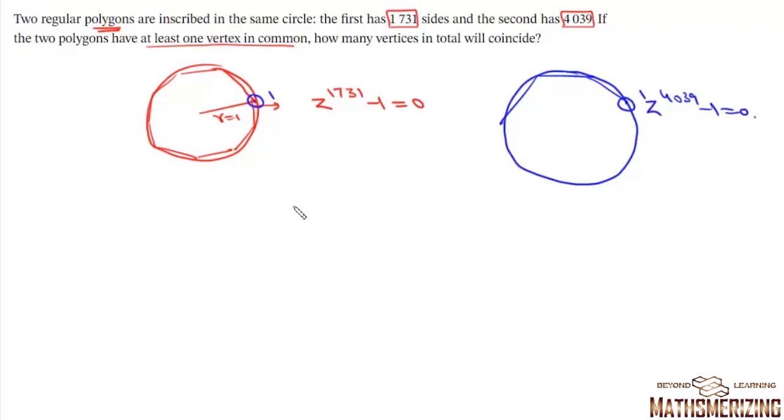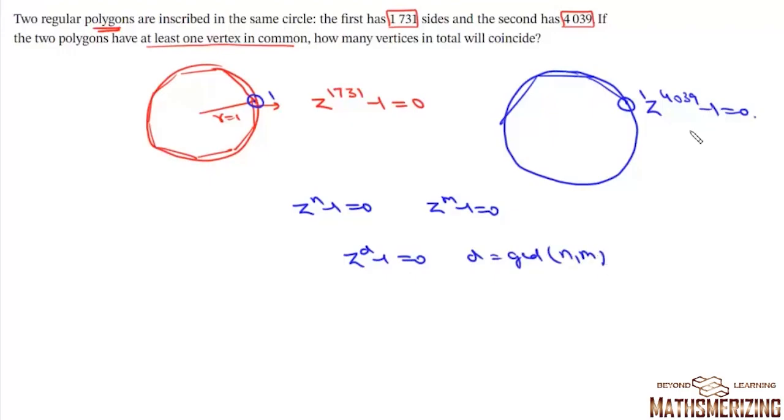Now we know that the number of common roots of z to the power n minus 1 and z to the power m minus 1 equals 0 is given by z to the power d minus 1 equals 0, where d is GCD of n and m.